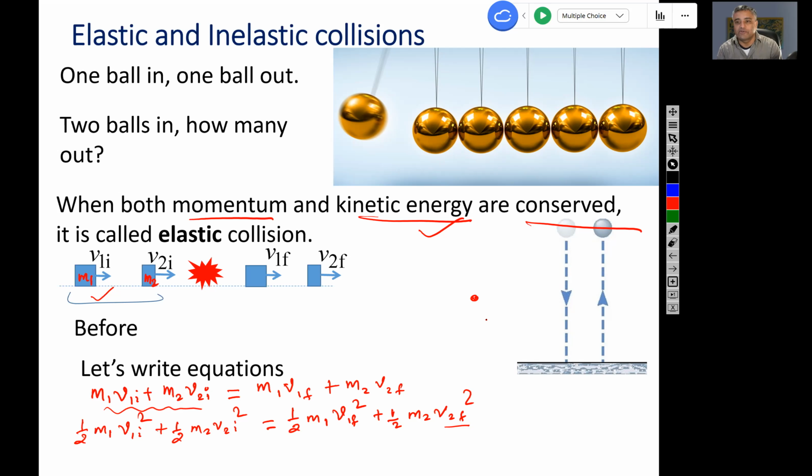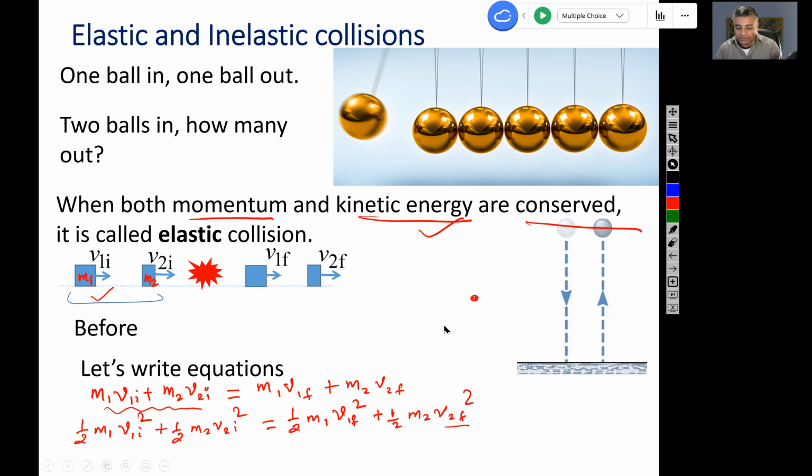Rather than being four terms in each equation, they're going to be just two terms and so on, okay? So we can use this concept and solve like this. So this is the conservation of kinetic energy we wrote. We did not take account of potential energy here, but total energy is always conserved, okay? As long as we are taking account of all energies.